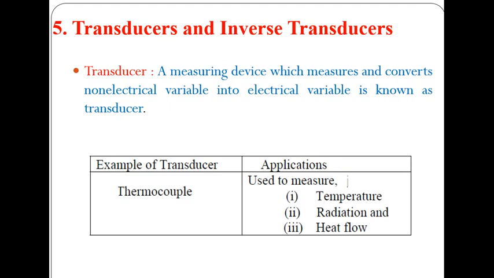The transducer which is exactly opposite to the normal transducer is called an inverse transducer. A transducer converts a physical quantity into an electrical signal, and when an electrical quantity is converted into a physical quantity, that one is called an inverse transducer.